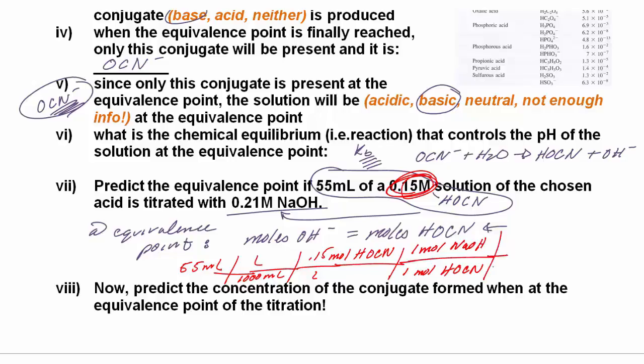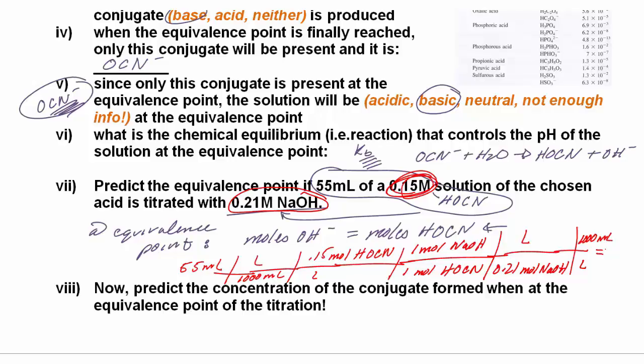Now our concentration of NaOH, so that we can get it into liters than milliliters. So we'll have 0.21 moles of NaOH in a liter. But very often they like to know volumes in milliliters because that's what the burette is in, right? In a liter, 1,000 milliliters.